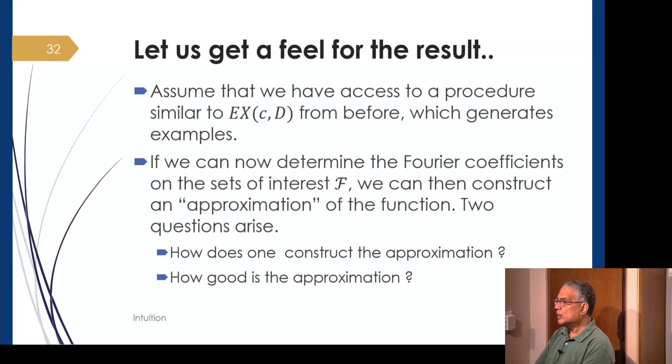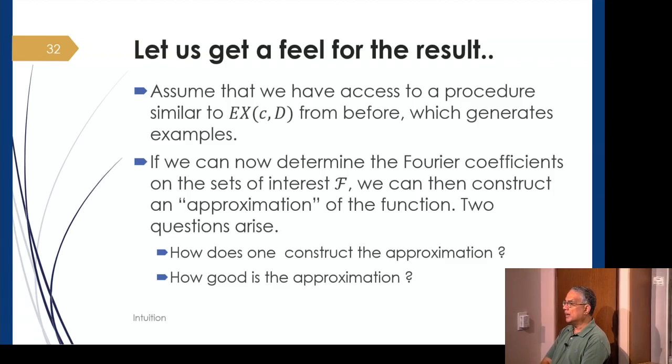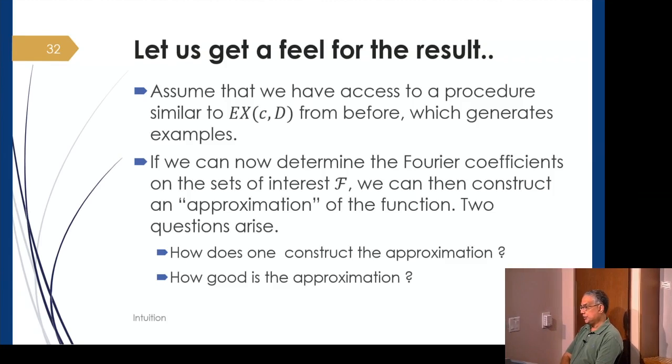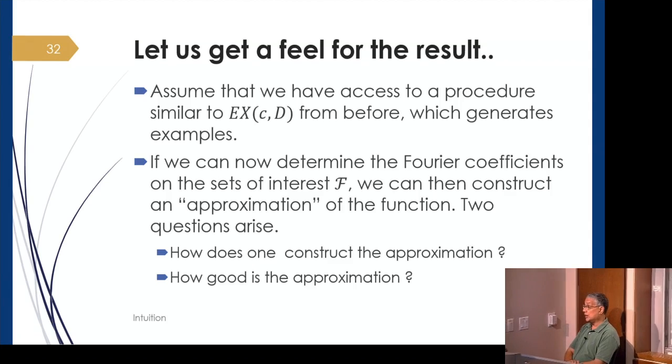So going back to the PAC model, because we're trying to wrap that model around this concept of learning Boolean functions, we had also this example generating oracle, which, given the concept C, which for us is the Boolean function, and the distribution D, which for us now is the uniform distribution, generates examples.